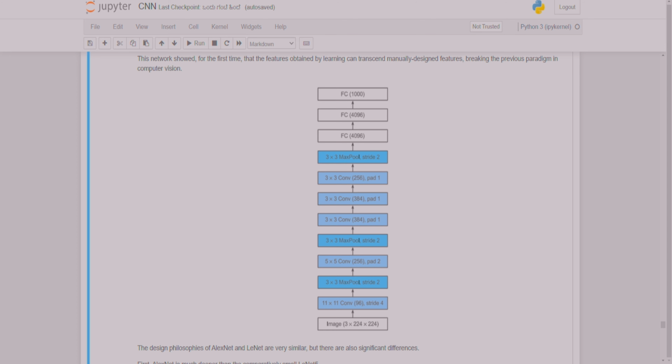What type of features you may get may vary with the layers that I'm going to use. Compared to the previous one, the size of each layer, or the number of filters you are going to use, has been increased drastically. You see 384, 384, 256, and there is a padding of one.